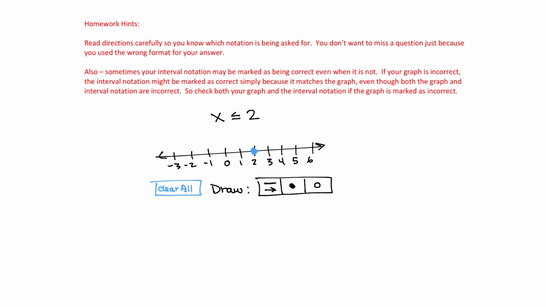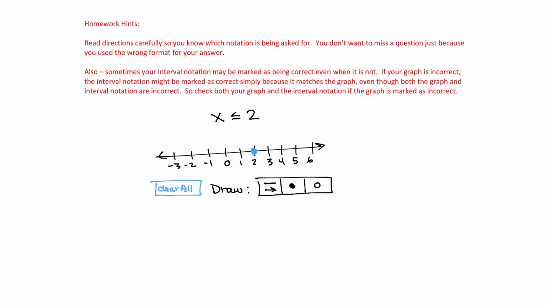Okay? And then once you get that done, you're going to click on this button to draw the line. It has both types of lines. This is the one that is on the tripartite, so it's in between the 2 dots. This one is towards infinity. But if it's less than, like this one, you would still hit this.